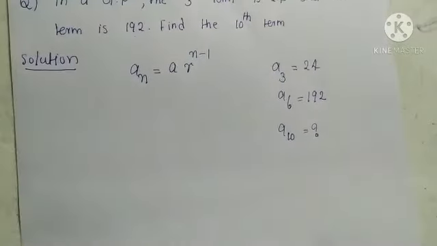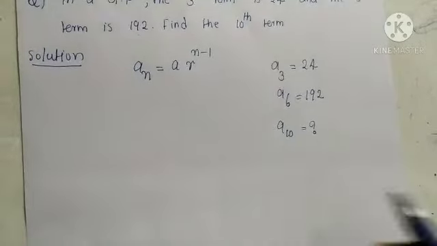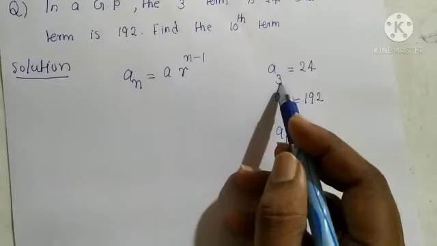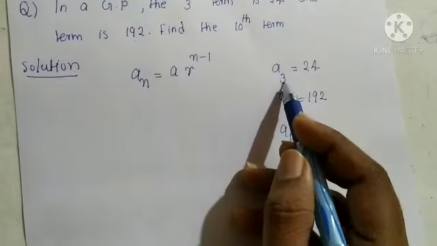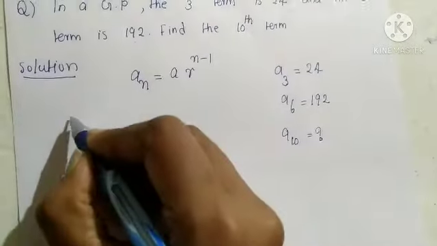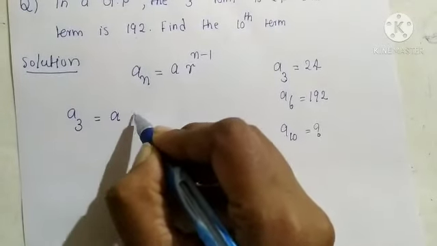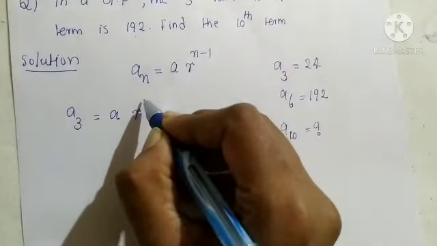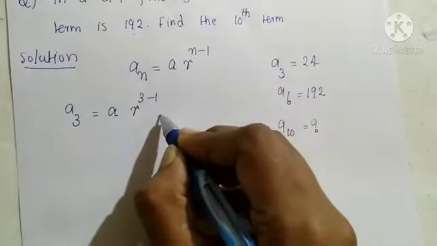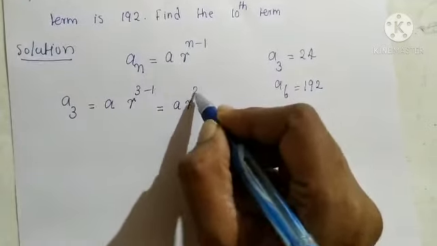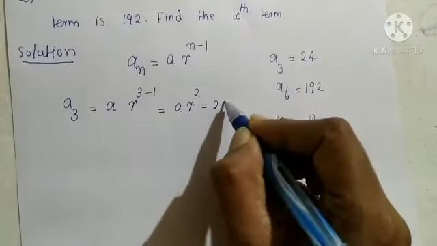Okay, so first I'm going to find out the third term. Replacing this n by 3 here, we get a3 equal to a r raised to 3 minus 1, which will further equal a r square, and it is given that its value is 24.